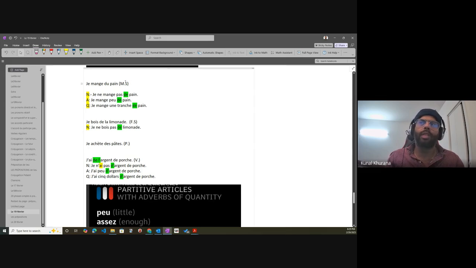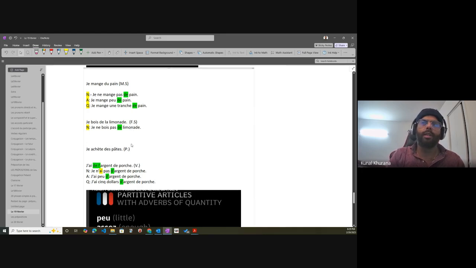We will do all the three cases. So first case is masculine singular. We have seen that, and now we are doing feminine singular. We see that it's de limonade, no matter what. Let's do an adverb in this case. Je bois un peu de limonade.